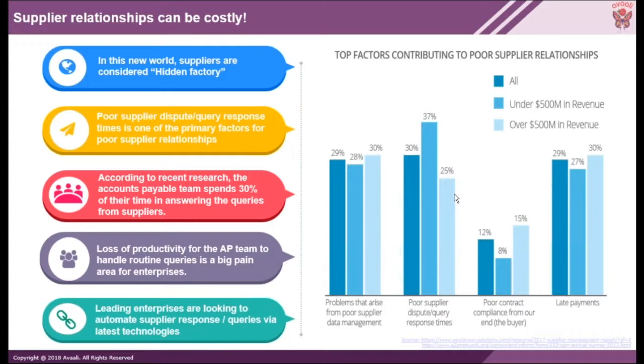The status again could be on your system, could be on email, etc. So this leads to loss of productivity for the AP team, and it's a big pain area for enterprises to handle such routine queries. So leading enterprises are looking for a solution to automate this response for these queries via latest technologies.